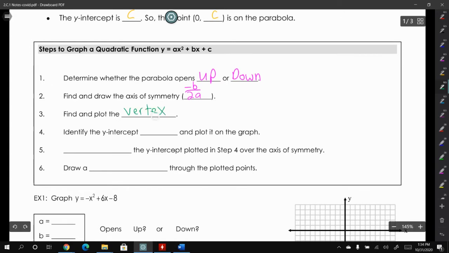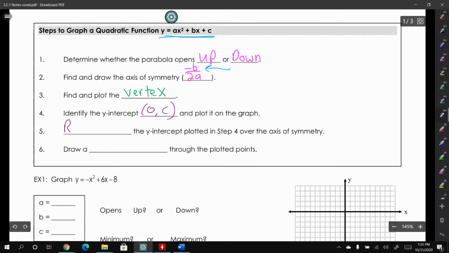You may say, well, how do we get the y value of the vertex? Well, if we know the axis of symmetry by using this negative b over 2a, and that gives you the x-coordinate of the vertex, we plug that into the original function up here to get the y-coordinate of the vertex. Then we're going to identify the y-intercept, which is at 0, c, and plot that on the graph.